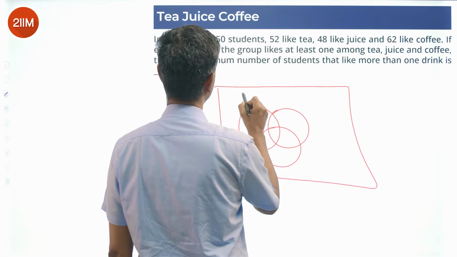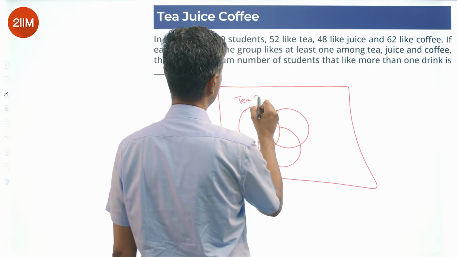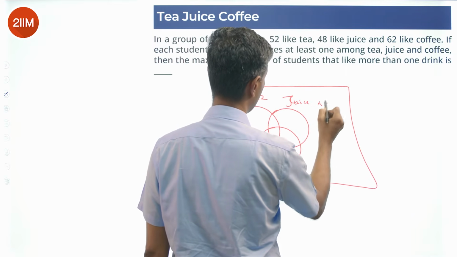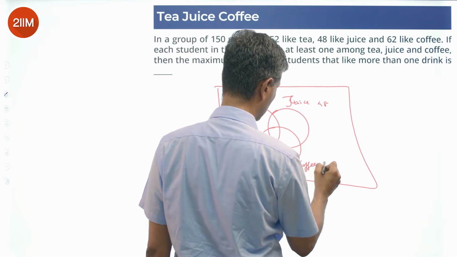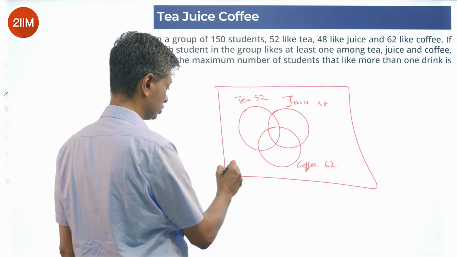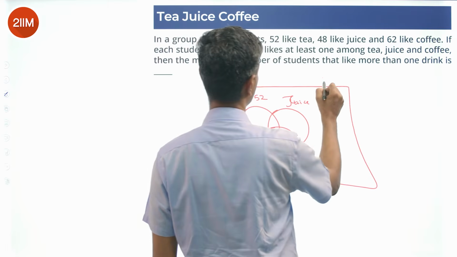So this is tea, 52, juice, 48, coffee, 62. Each student likes at least one among these, so outside is 0. Total is 150.